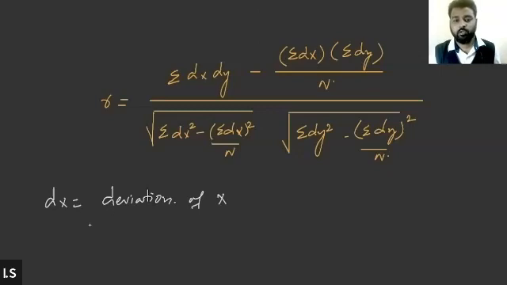Yes, sir. Now the problem is, earlier in the previous formula, we used to find the deviation of x by subtracting the mean of x from the items of the x series. But how do we find the deviation of x this time?